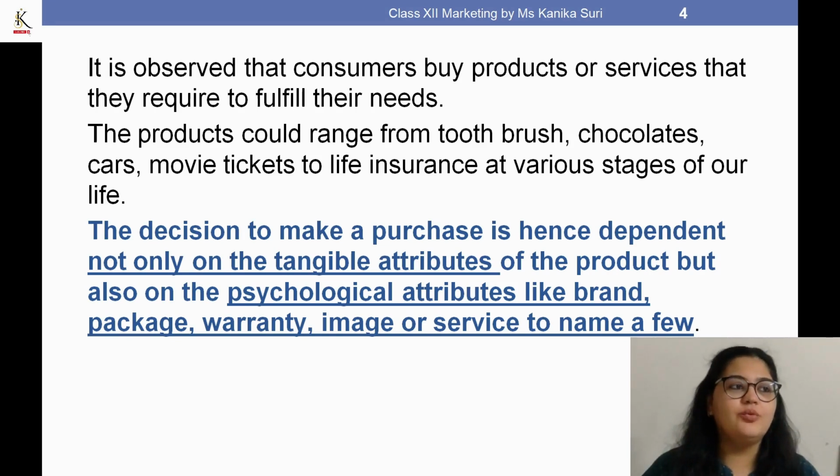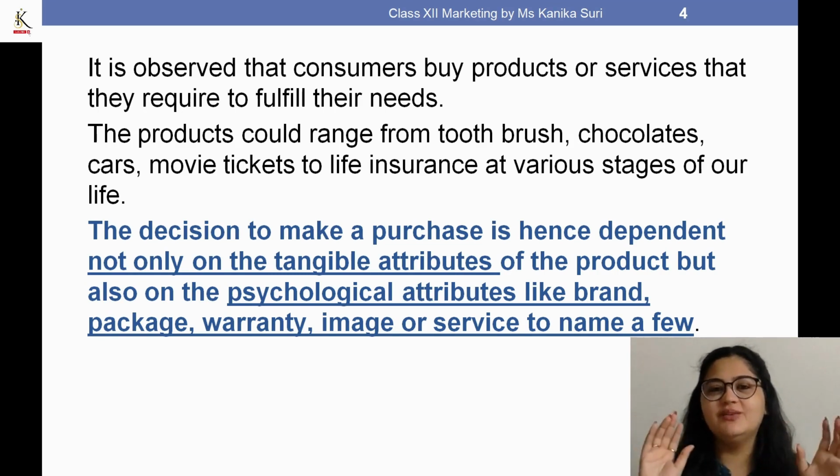So I would want a two-wheeler, maybe a car, if you can afford that. So I would request my parents, I would maybe demand for my 16th or 17th or 20th birthday, I want a bike, I want a car, I want this, I want that. So depending on what stage of life you are in, you would require that kind of a product, right?